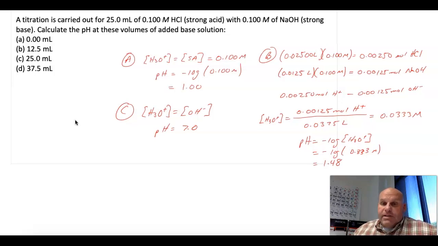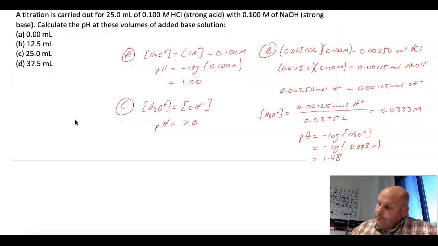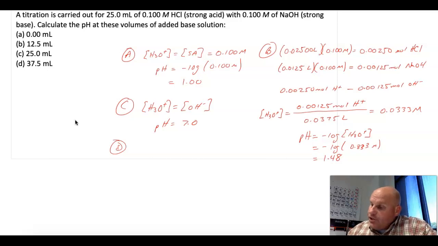Okay, now let's talk about D for a second. In D, I'm going to follow the same process as B. We already know that I don't need to recalculate my moles of acid. That has not changed because the volume of the acid has not changed. So I already know I have 0.00250 moles of acid.